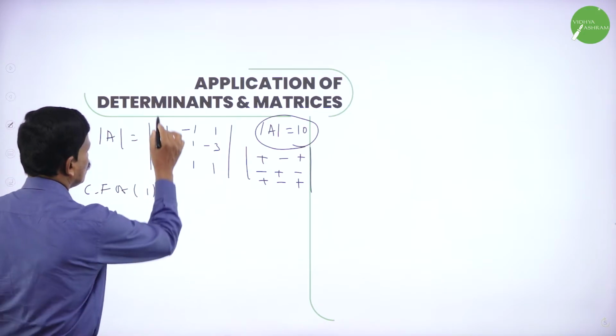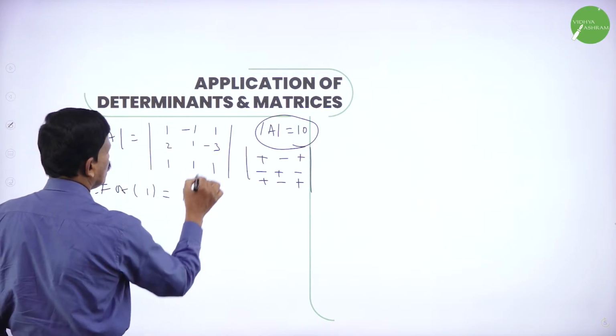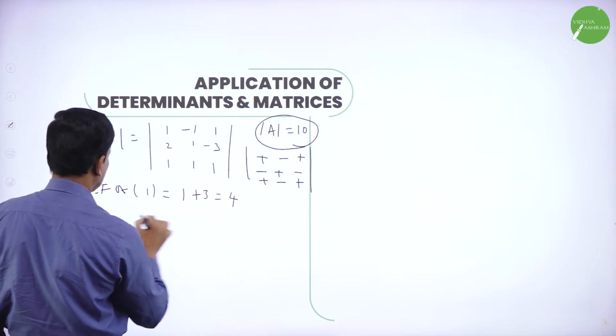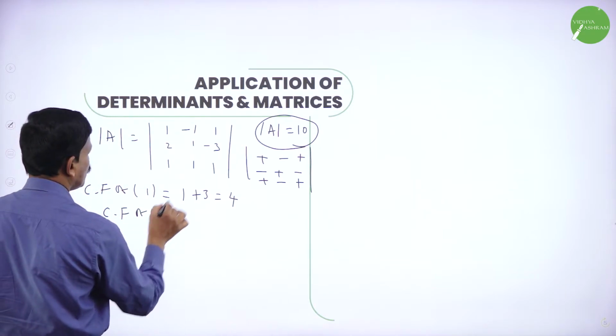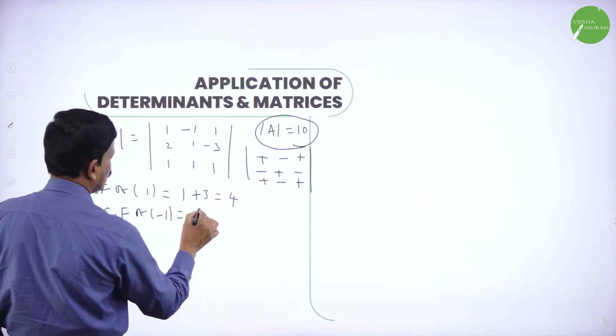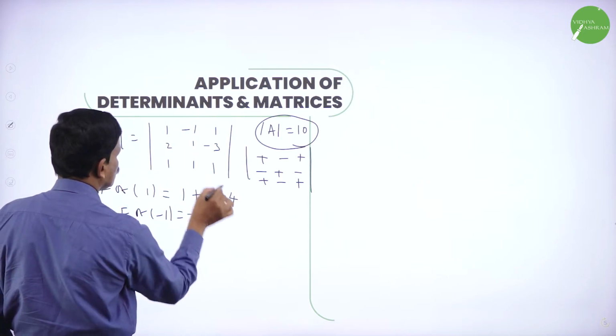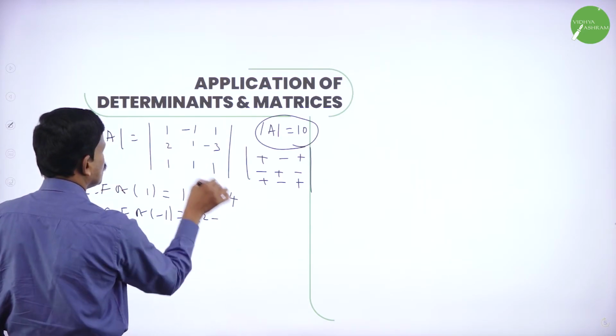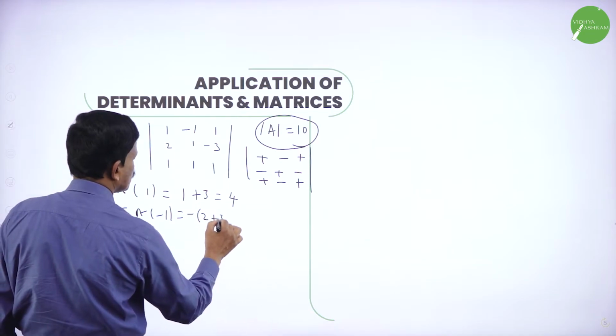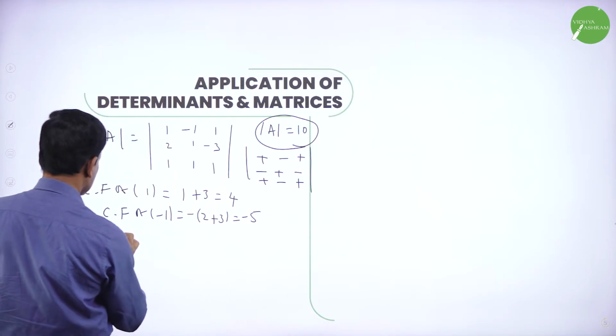Cofactor of 1 is equal to, this row and column is gone, 1 ones are 1, minus into minus plus 3, this is equal to 4. Similarly, cofactor of minus 1 is minus, this row and column is gone, 2 ones are 2, 2 ones are 2, minus into minus plus 3, that is equal to minus 5.